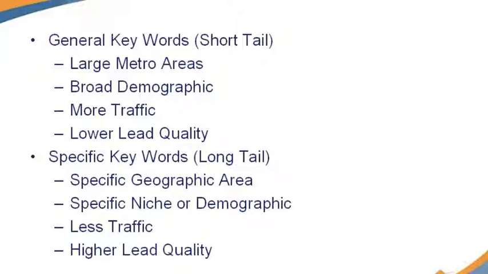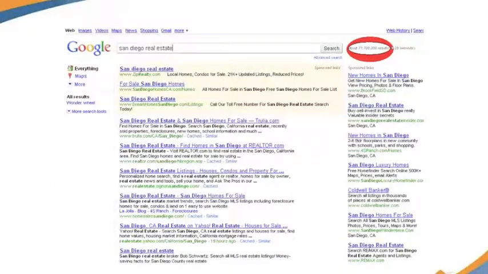You're going to get less traffic, less competition, but a higher lead quality because people have already been down the road a little bit. They've already come through the short tail keyword and realized that, okay, I want to live in San Francisco, that I know, but I'm not interested in 80% of the city. I'm only interested in this specific neighborhood. So they've already taken the steps, done some research. Chances are the buying cycle is going to be shorter for people that are looking at long tail keywords.